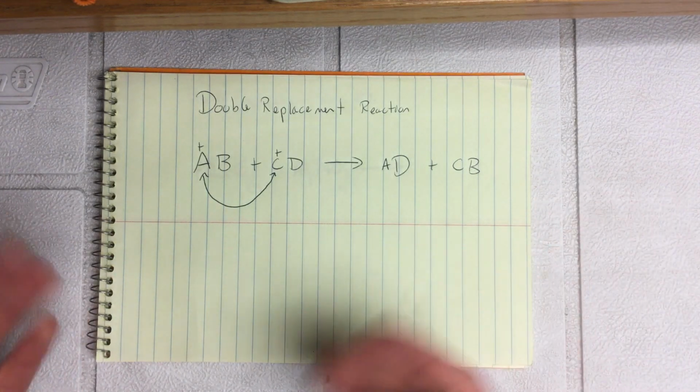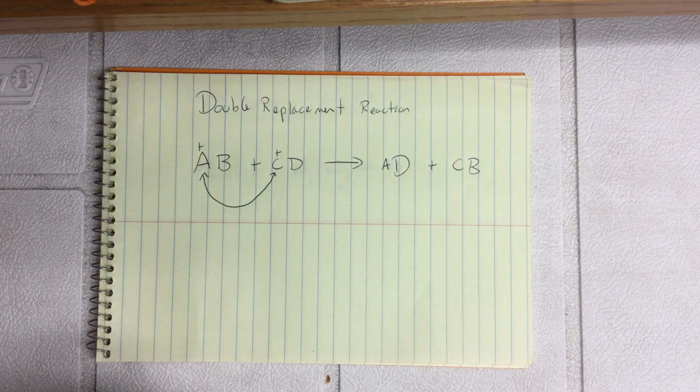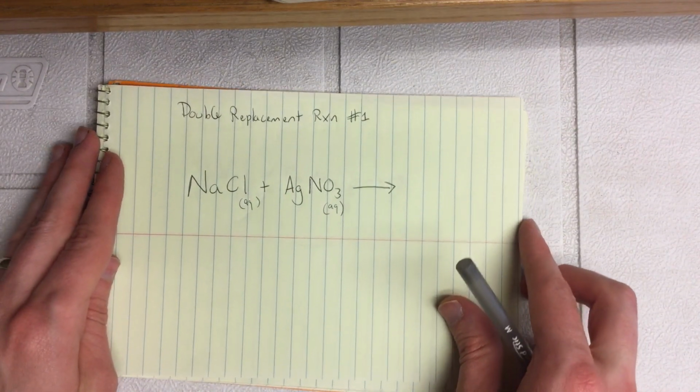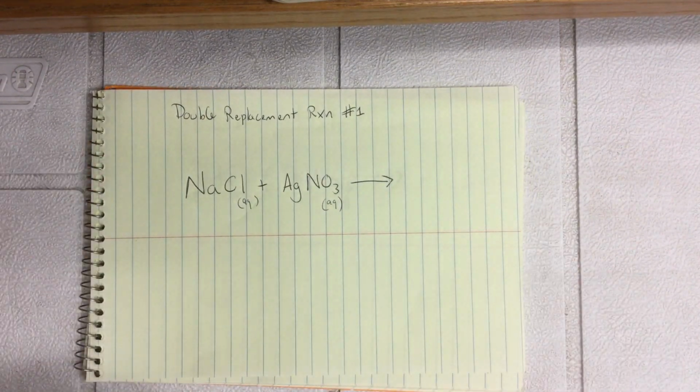From there we would balance, and then the new step that we'll be learning today is how to identify if a precipitate forms. So let's look at a few examples. With our first one, we have sodium chloride and silver nitrate. The first thing that you want to do is identify the charge on all of your ions.